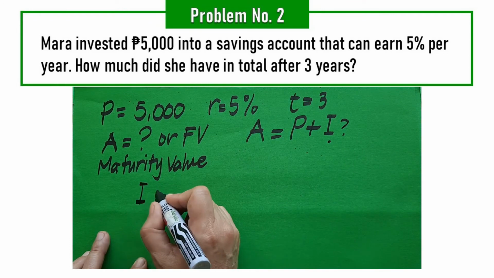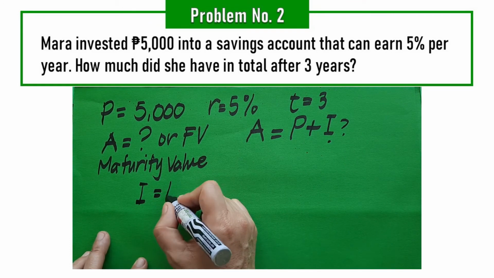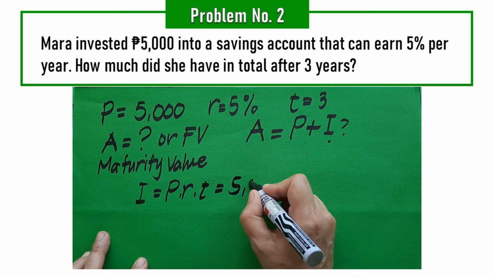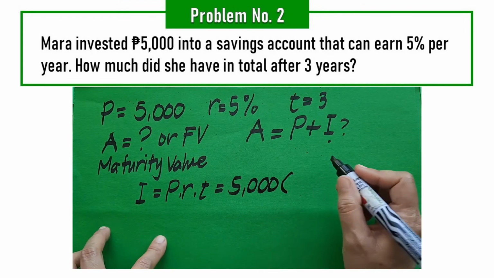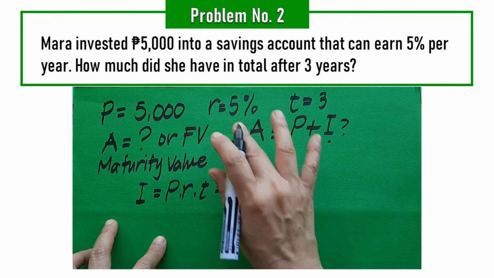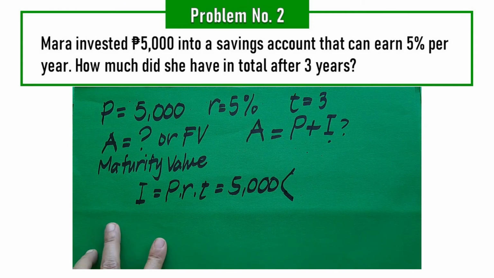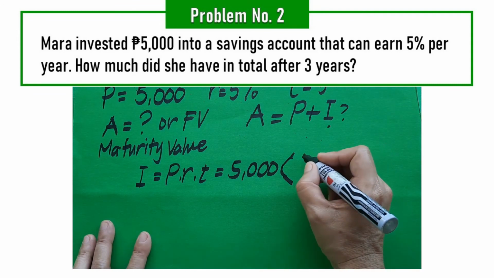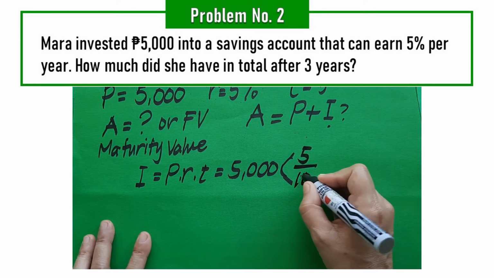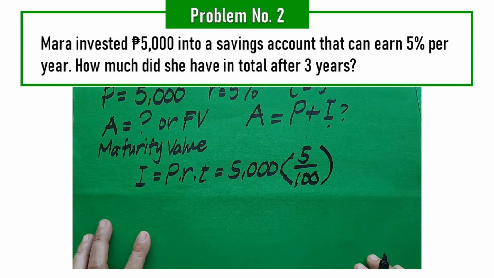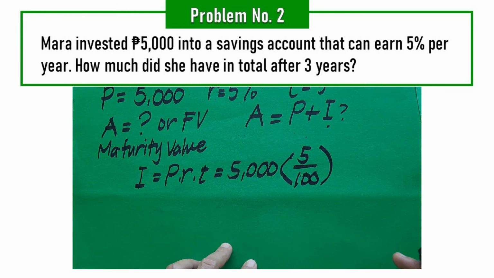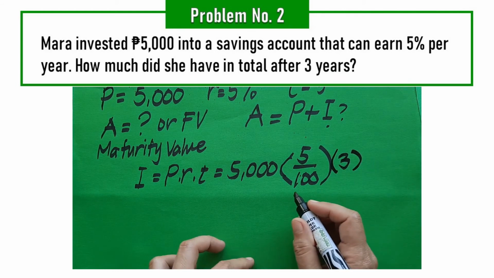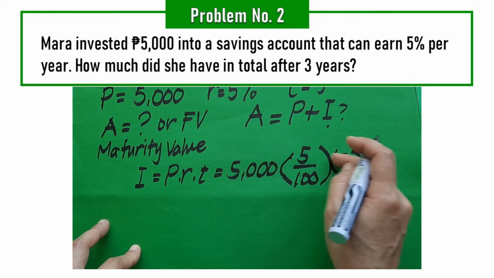So, what is the interest? So, you have P times R times T. So, you have 5,000 times, what is 5%? 5%. The cent is 100. So, you can write it as 5 over 100. Again, you can also use your calculator if you want. So, you have 3. Okay? You can multiply this all here on top.